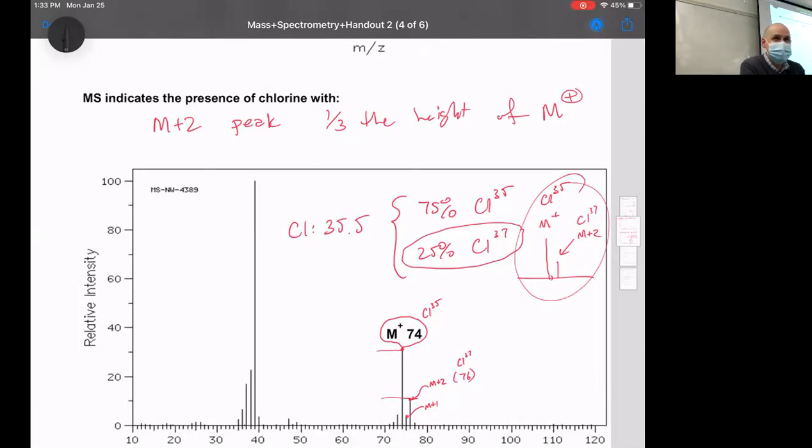We're not talking about the fragments, just your M+2 peak. So this is the first one where we've seen a pretty decent sized M+2 peak, and that tells you chlorine. So there's 4 of these little weird things. One of them is if the mass is odd, then it's telling you nitrogen. Second one is if you got an M+2 peak that's about a third the height, it's telling you that you've got chlorine there. Likewise, the absence of that is telling. None of those previous molecules had chlorine because they didn't have that M+2 peak.